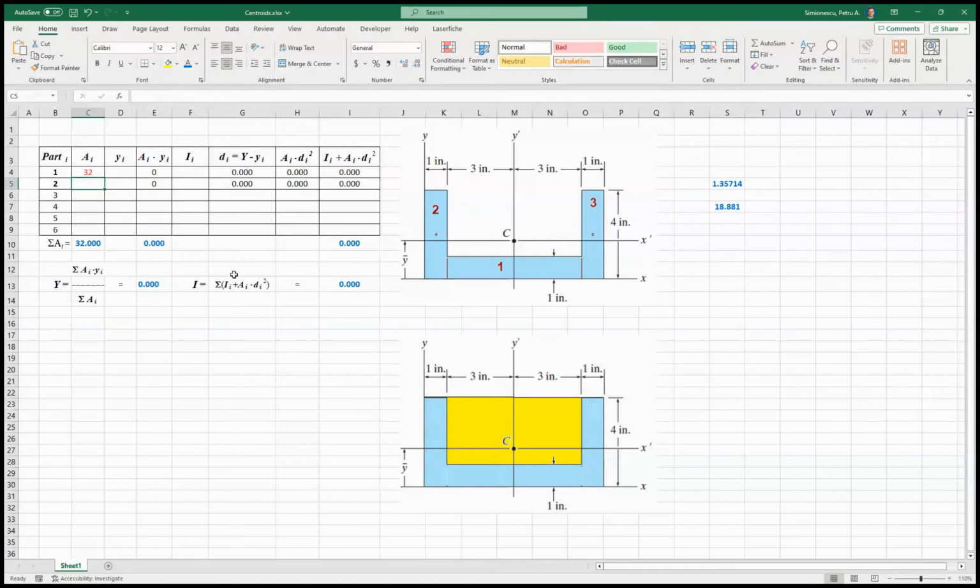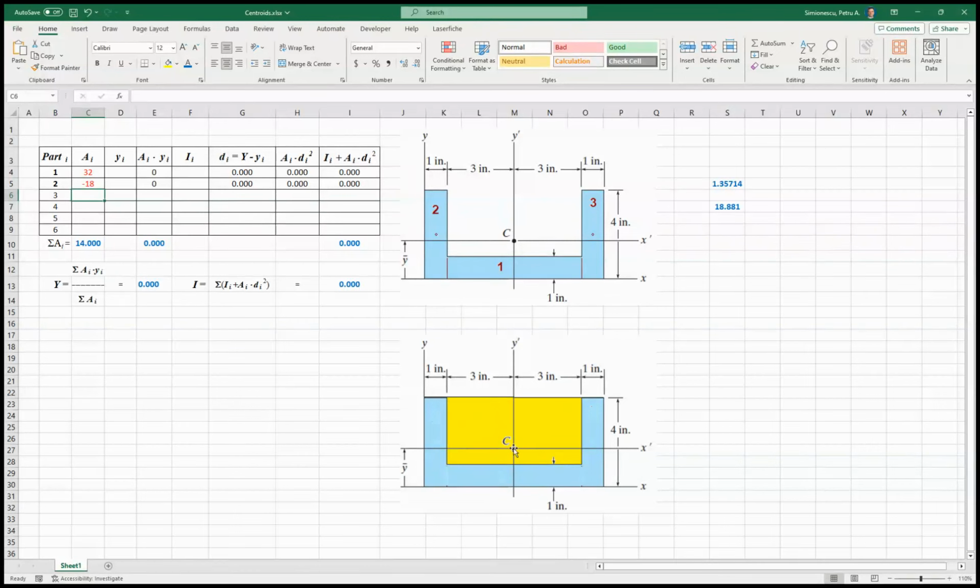Then we're subtracting the yellow area, which is negative, 3 plus 3 times 4 minus 1, which is 3. So subtracting the yellow area, which is 18 negative here.